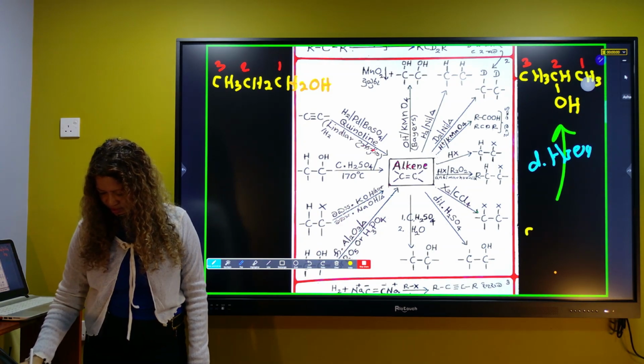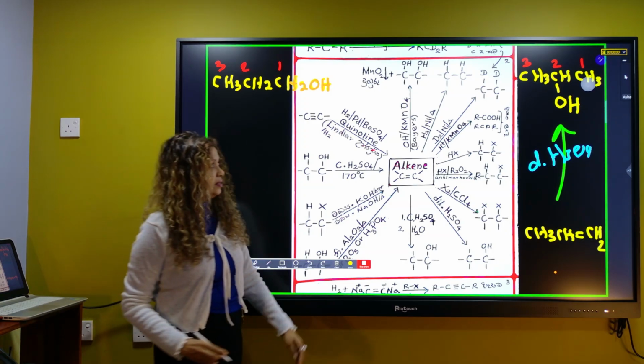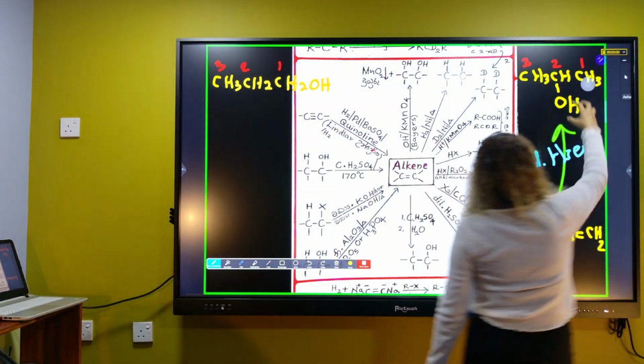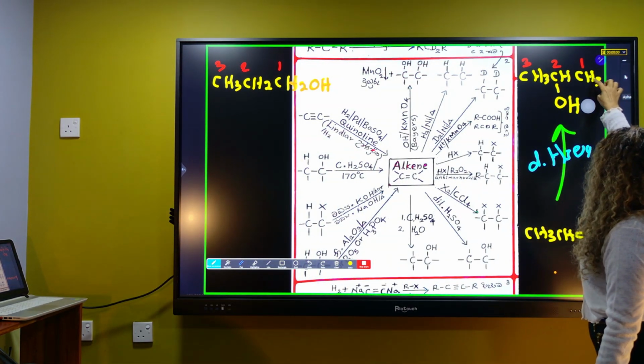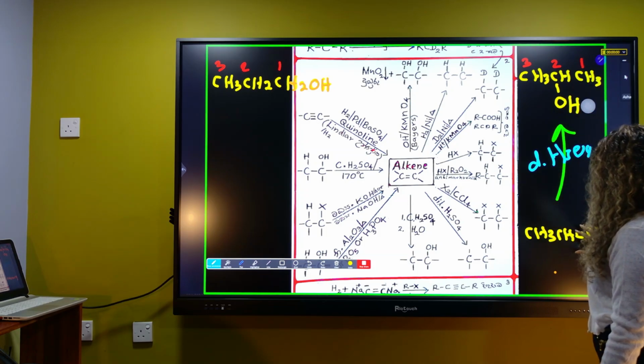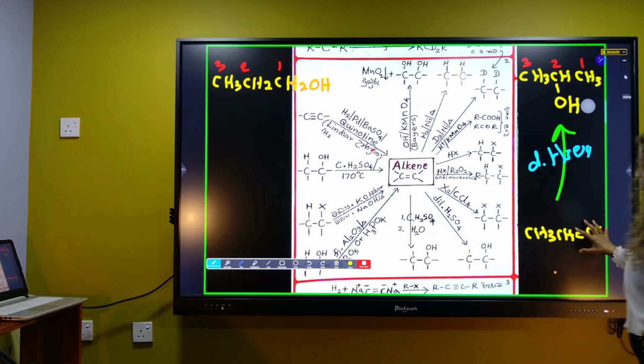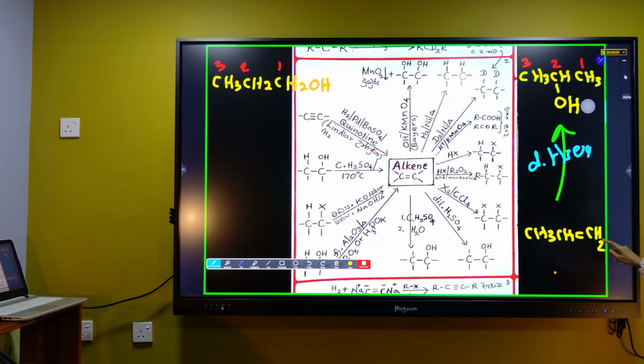CH3, CH, double bond, CH2. Okay, this OH and this hydrogen are getting away. So from here, you have a double bond here. Now you know, to this double bond, according to Markovnikov's rule, hydrogen goes where hydrogen is high. And on the other side you are getting the OH.